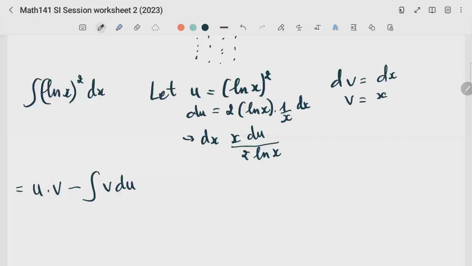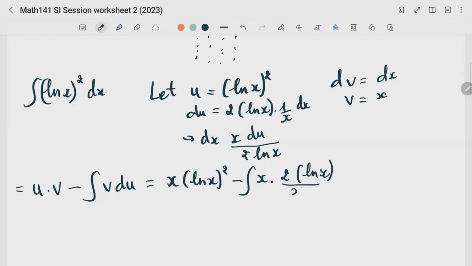So u times v is x times ln x squared, minus the integral of v du, which is x times 2 multiplied by ln x all over x dx, right?